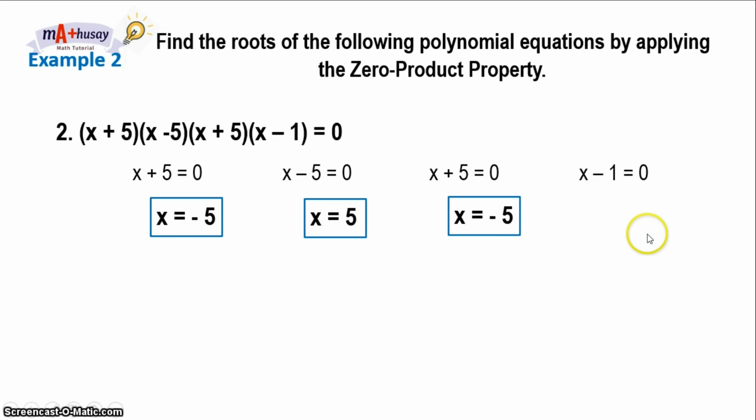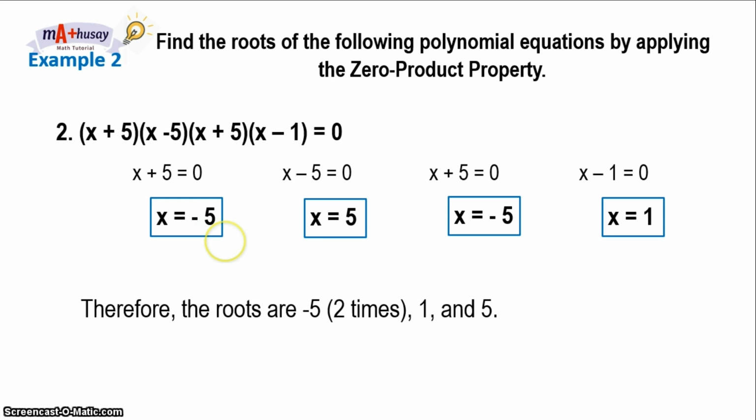And lastly, for x minus 1 equals 0, the value of x will be positive 1. So, the roots are negative 5, that's 2 times, right? 1 and positive 5. So, in this case, we have 4 real roots.